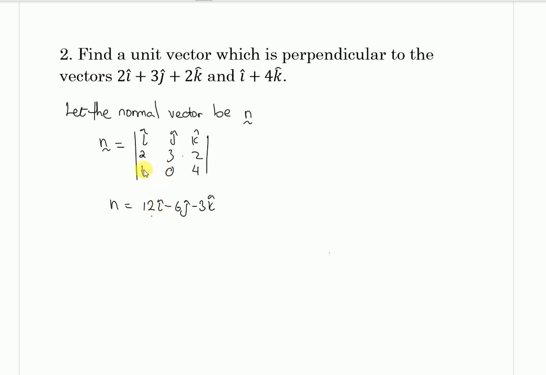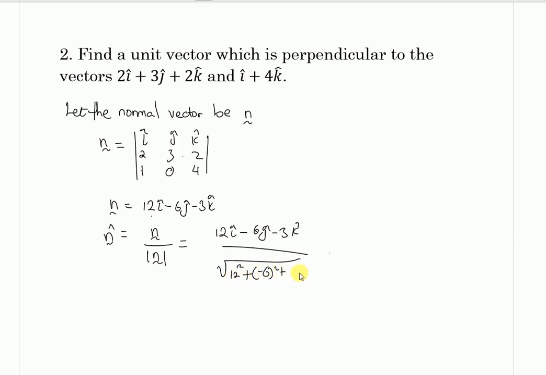But you want a vector which is unit. This one is perpendicular to the vectors, but it is not a unit vector. So we need to get n cap, which is got by getting n divided by its magnitude, and this is 12i minus 6j minus 3k divided by the square root of 12 squared plus negative 6 squared plus negative 3 squared.